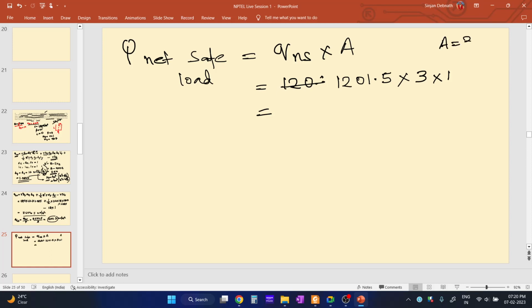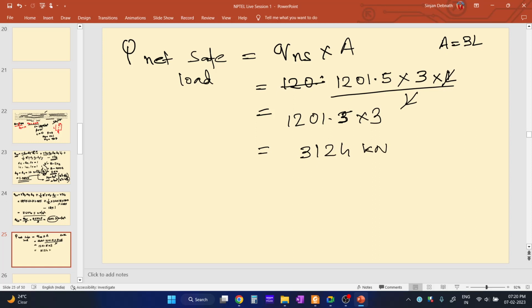Area is 3 into L, divided by L; the L cancels out. So 1201.5 into 3 comes to 3604.5 kilonewton per unit length of the strip footing.